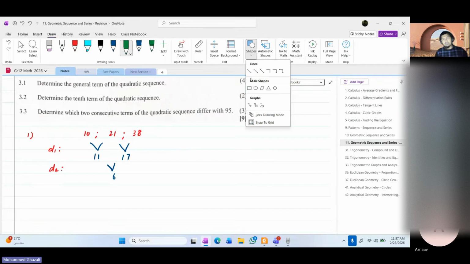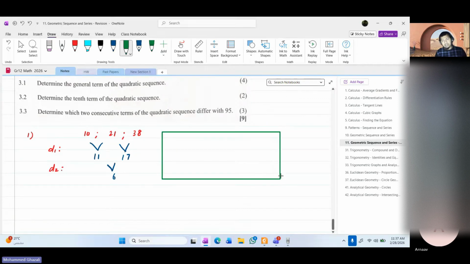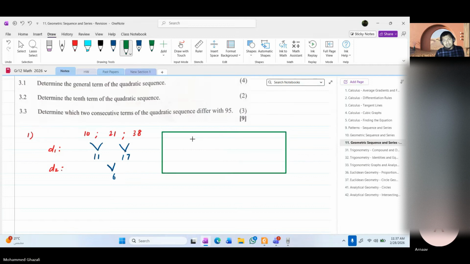You remember the 3 formulas that we used to solve the quadratic. 2a is equal to d2, 3a plus b is equal to d1, and a plus b plus c is equal to term 1.